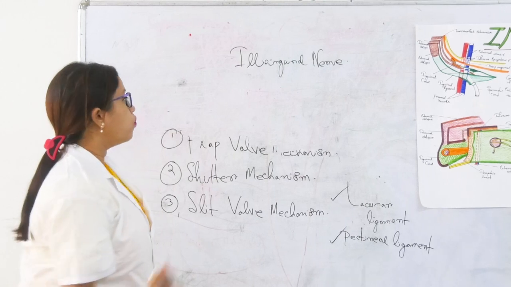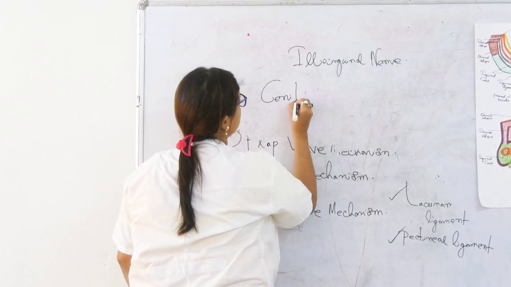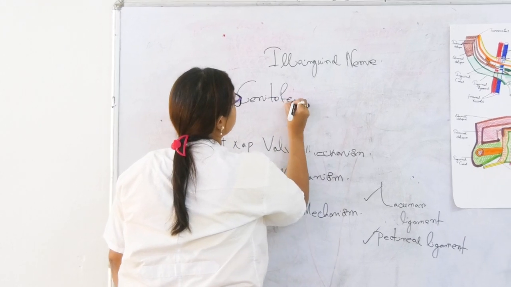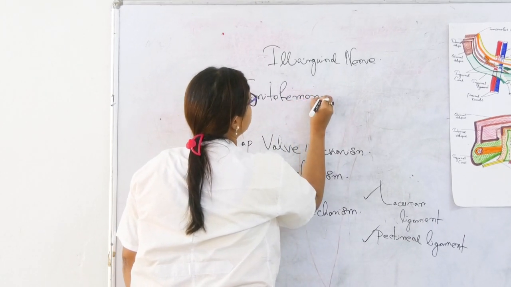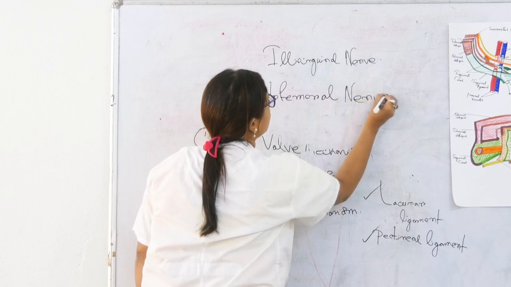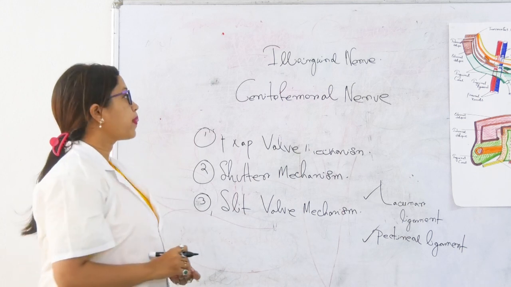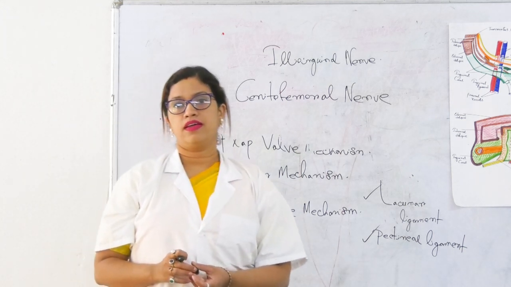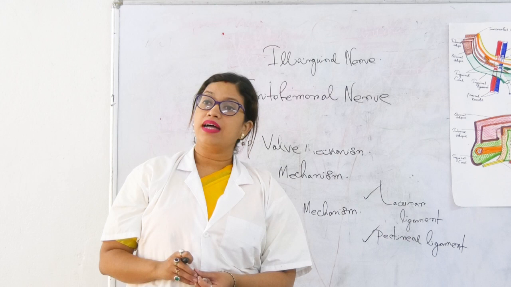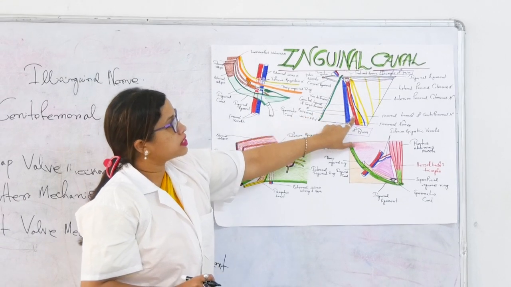Now one nerve is very important, that is the genitofemoral nerve. It comes as a direct branch of the lumbar plexus. How many components does the genitofemoral nerve have? What are they? The genital branch of the genitofemoral nerve: if you see over here, this one small nerve is going over.